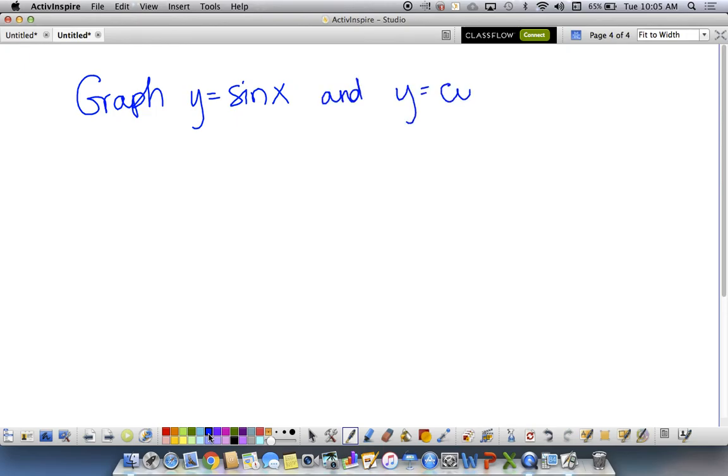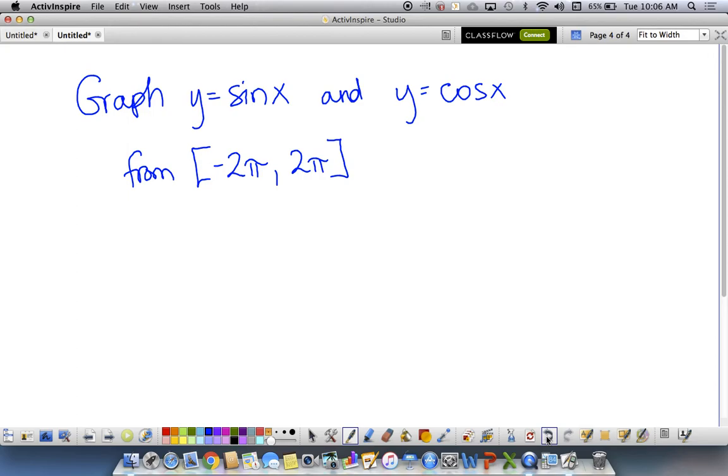Now I want you to do it from a specific point to another point. The majority of our graphs have always been one period from 0 to 2 pi. I want you to go from negative 2 pi to positive 2 pi. Graph both of those from negative 2 pi to positive 2 pi.